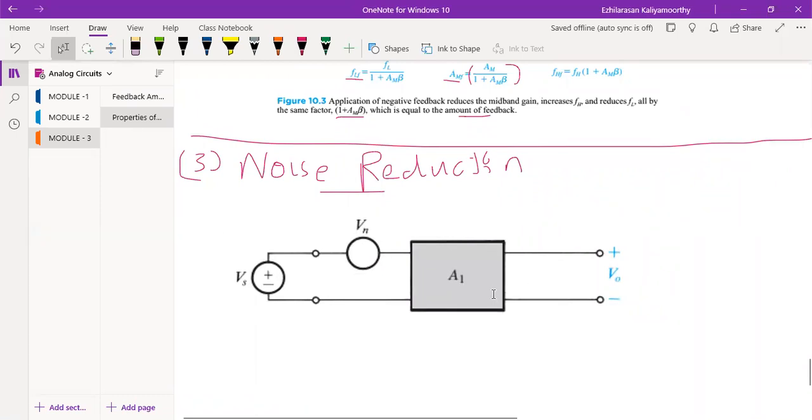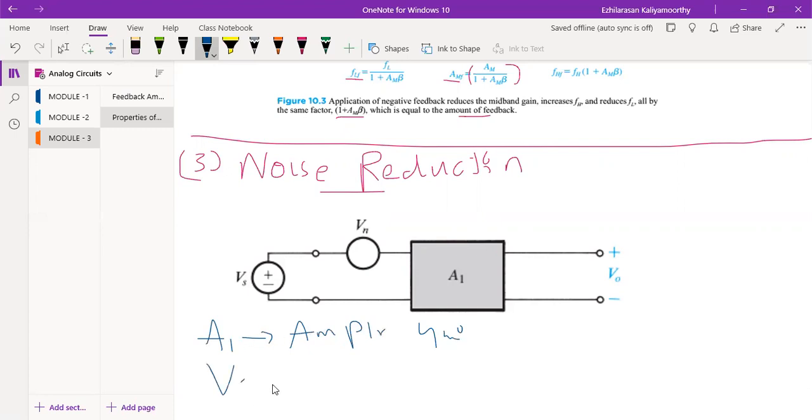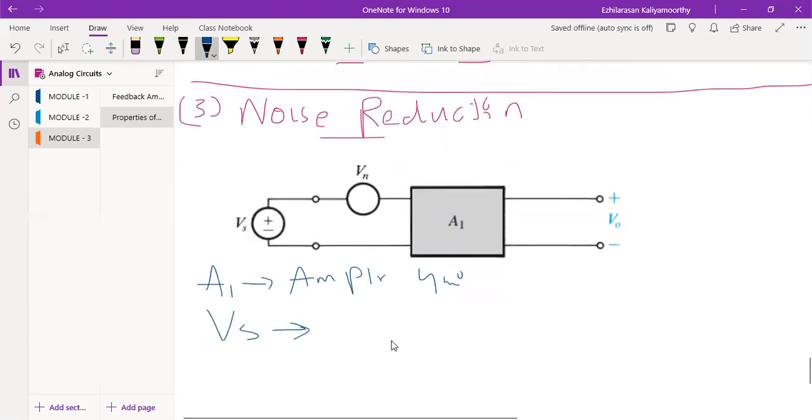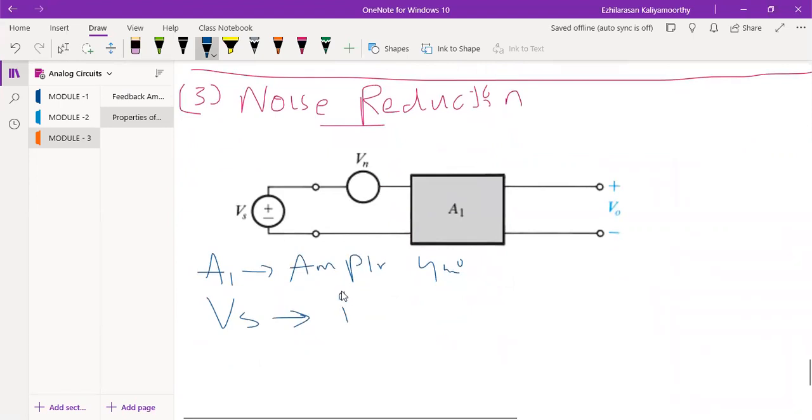Here we can say that A1 is nothing but the amplifier gain, without feedback. Then what is Vs? The Vs is nothing but the input signal.